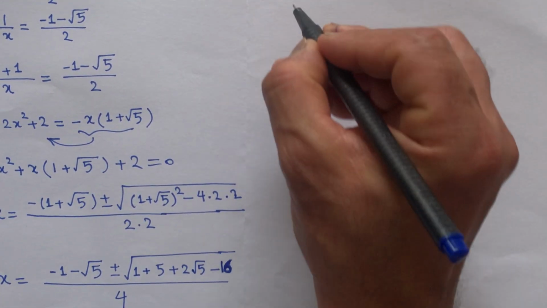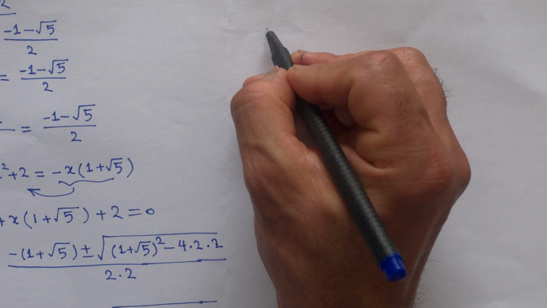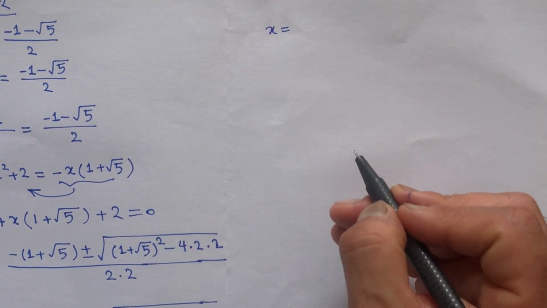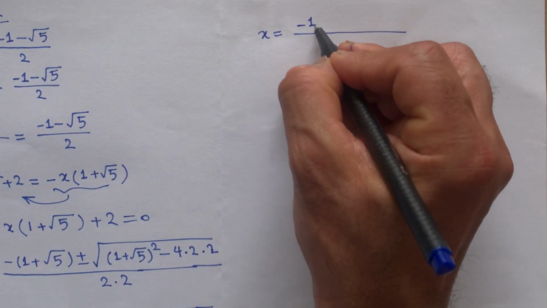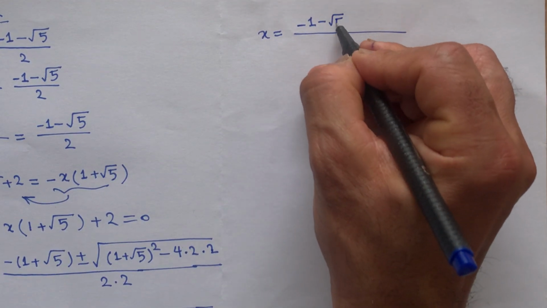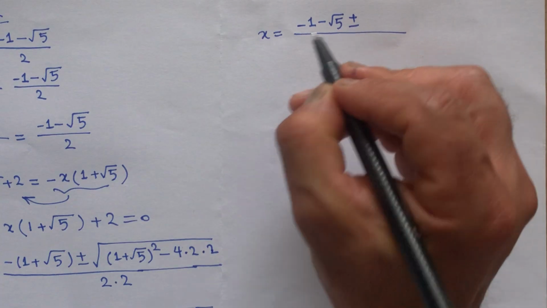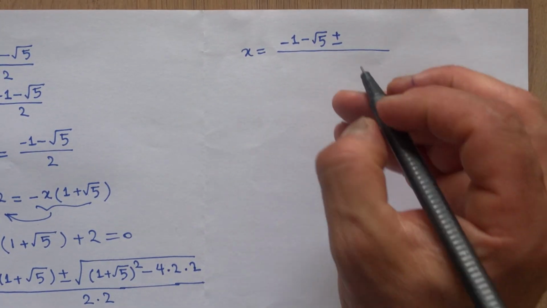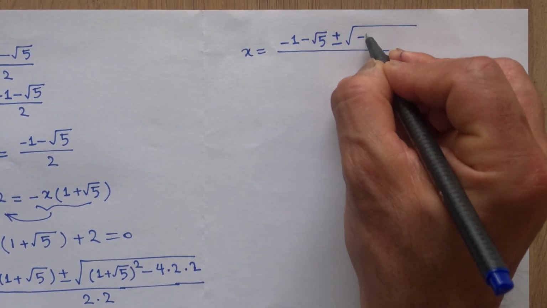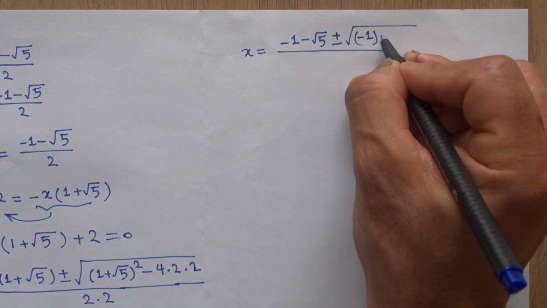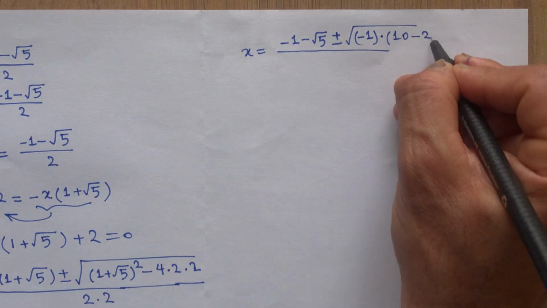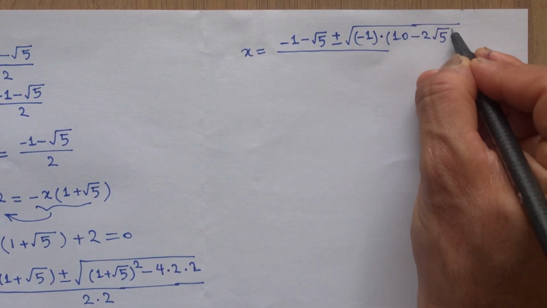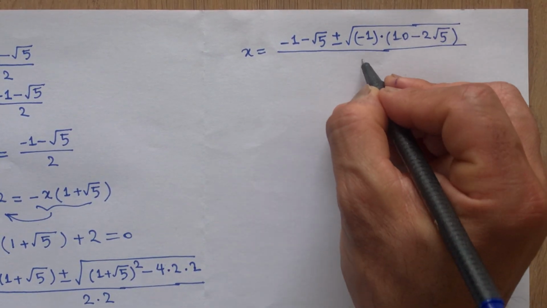So x equals minus 1 minus the square root of 5 plus minus, when I factor out minus 1, it remains 10 minus 2 square root of 5 over 4.